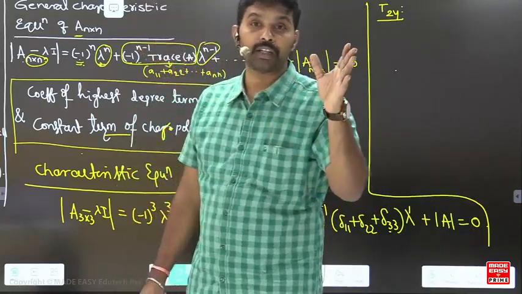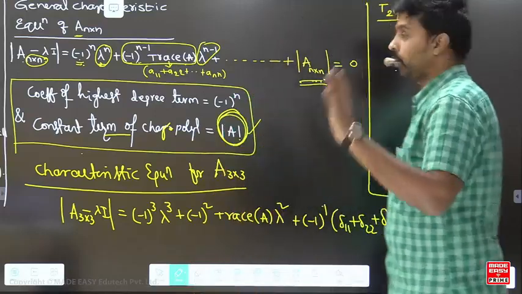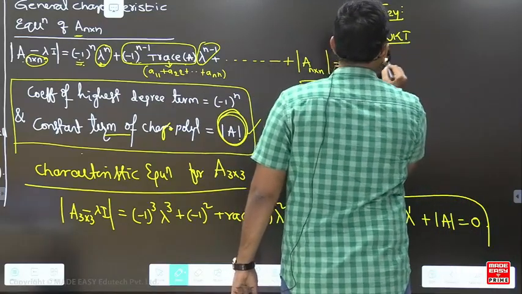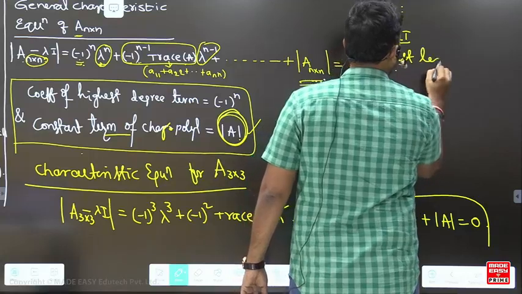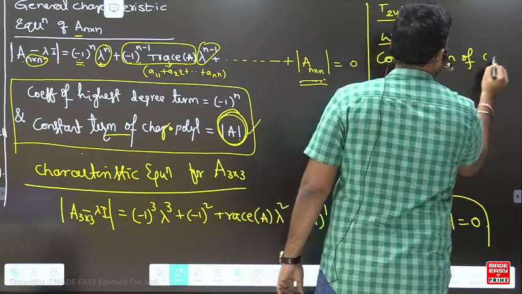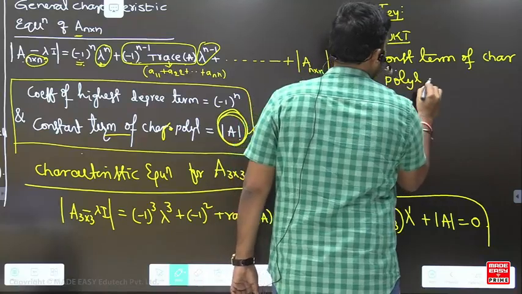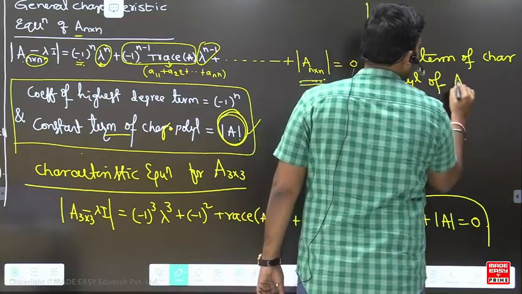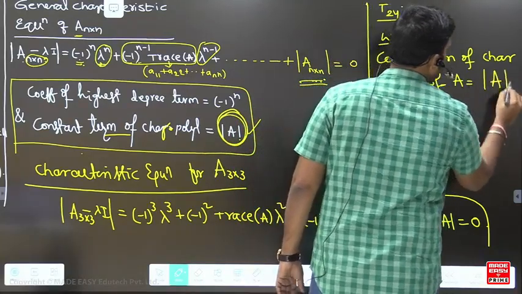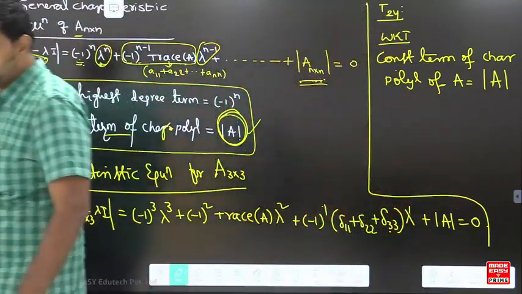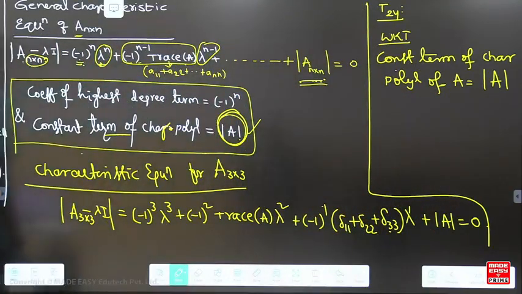So here, we know that the constant term of the characteristic polynomial of A is equal to the determinant of A. Right. So let's find the determinant. It is 0.